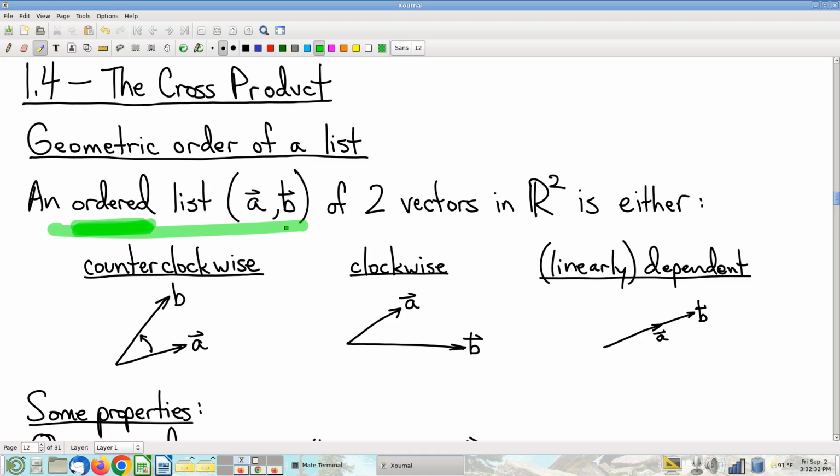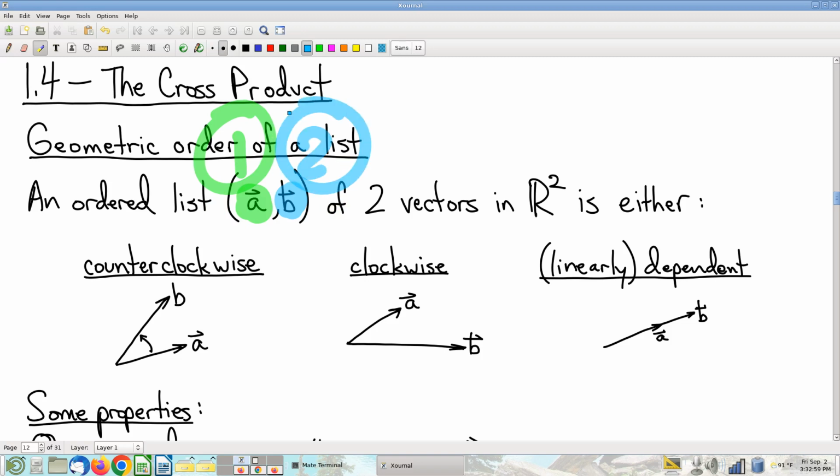So the order is important. In fact, ultimately, the way I have them ordered is what I'm going to want to talk about. The ordering itself is what we want to describe. So let's talk about this ordering where I have A, comma, B, by which I mean that A is first and B is second.